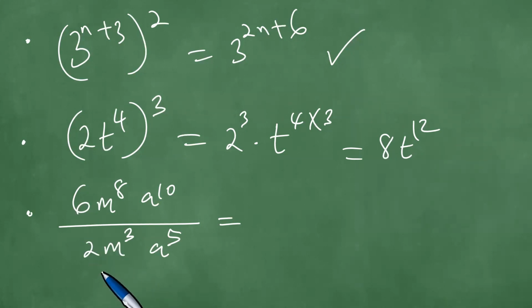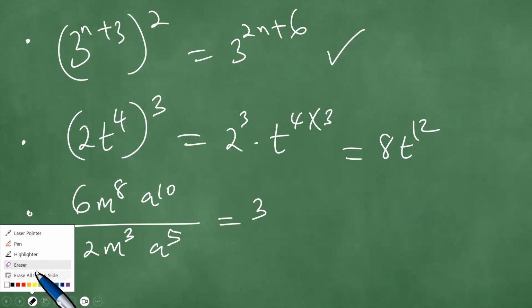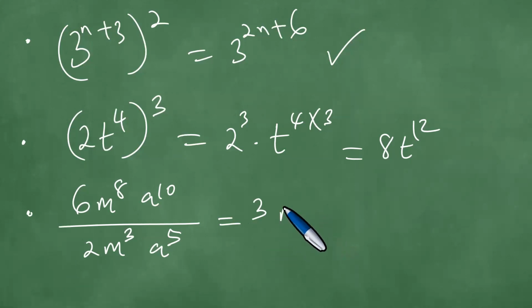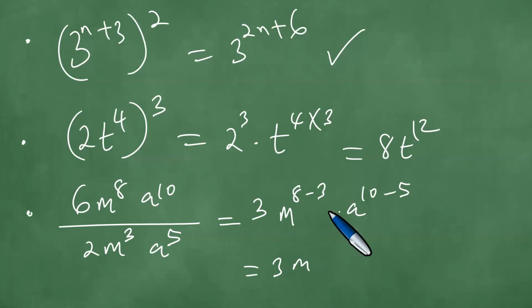What is 6 divided by 2? 3. And then m to the power 8 minus 3, a to the power 10 minus 5. What is 8 minus 3? 5. What do you do next?